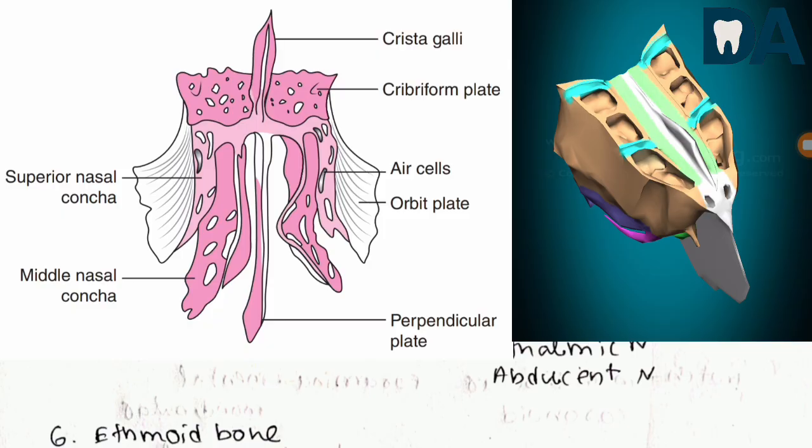It acts as an attachment for the meninges of the brain. Superior and middle nasal conchae. Those are two scroll-shaped plates related to the lateral wall of the nasal cavity. They are also called turbinates.